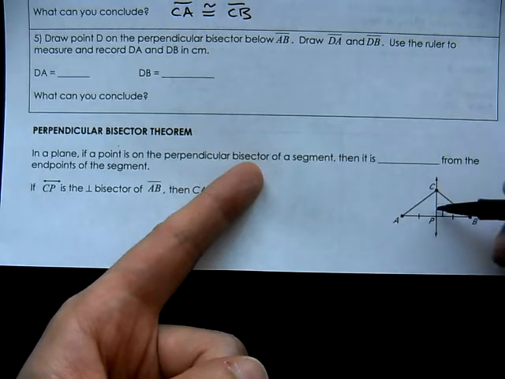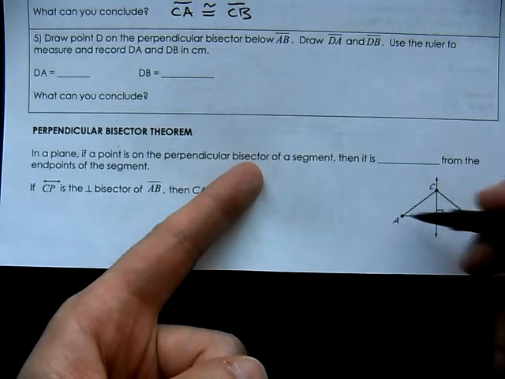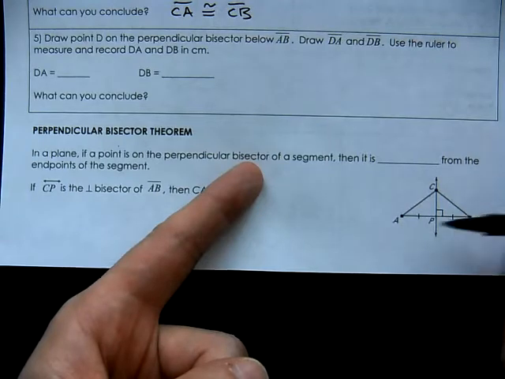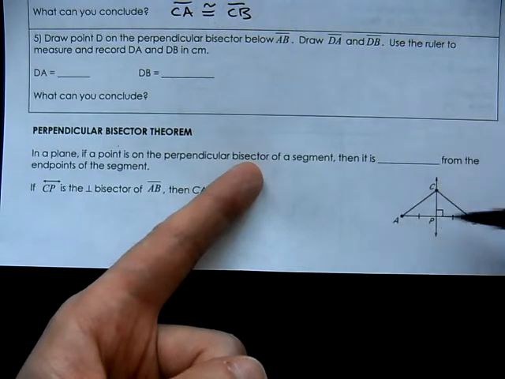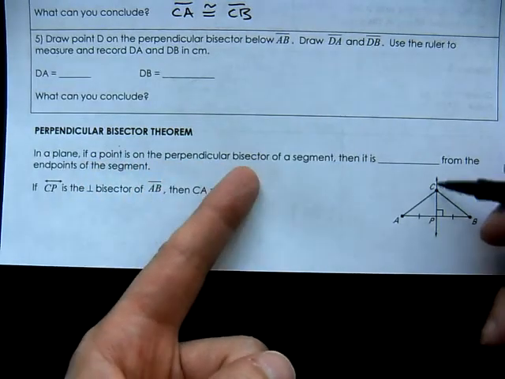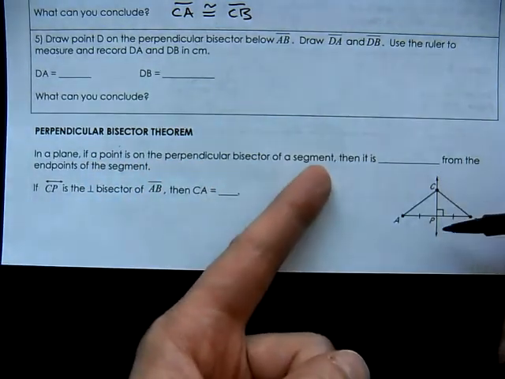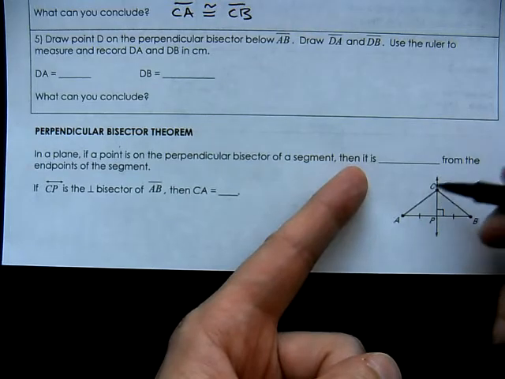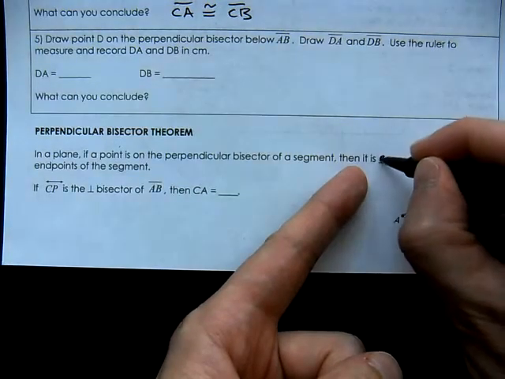Well, there's a right angle, so it has to be perpendicular to the base. And here's your tick mark, so that has to be a bisector of the base. So yes, if a point is on the perpendicular bisector of a segment, then it, meaning this point, is equidistant.